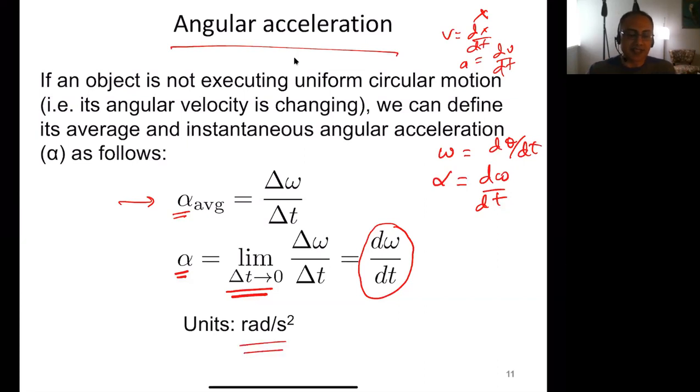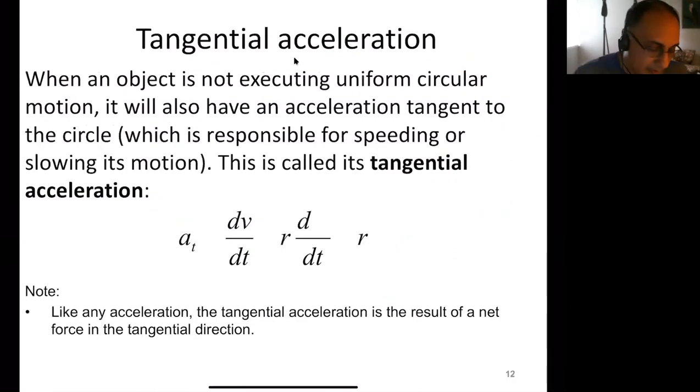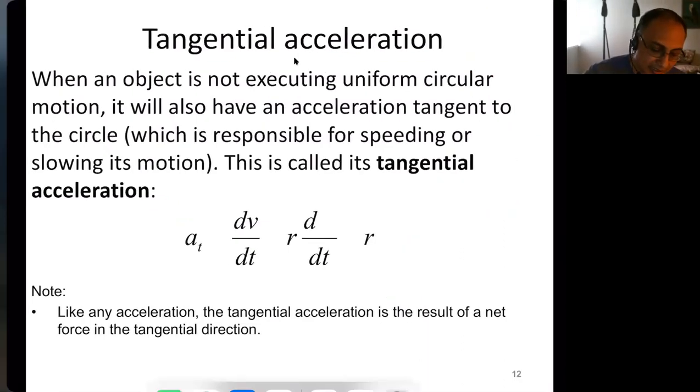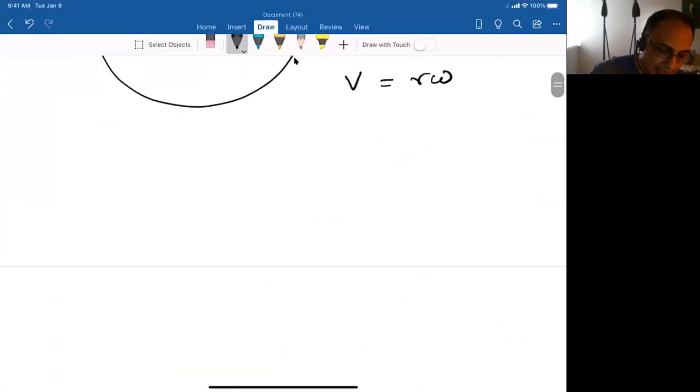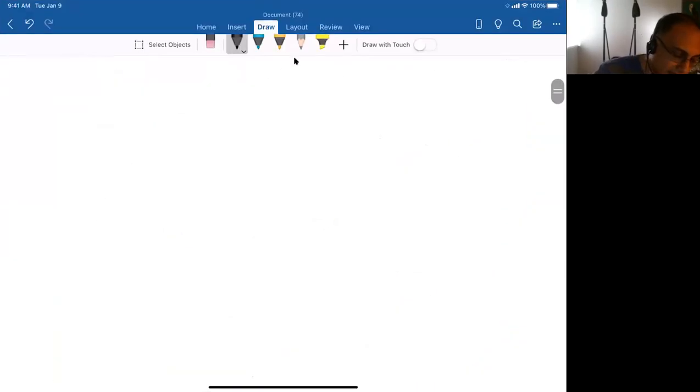Is everybody clear about alpha? So omega measures how fast theta is changing, and alpha measures how fast omega is changing. Right? It's angular acceleration.